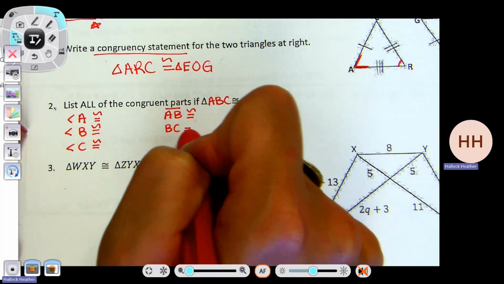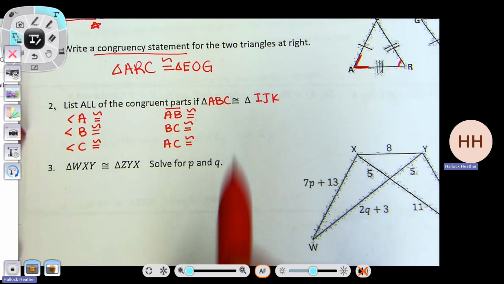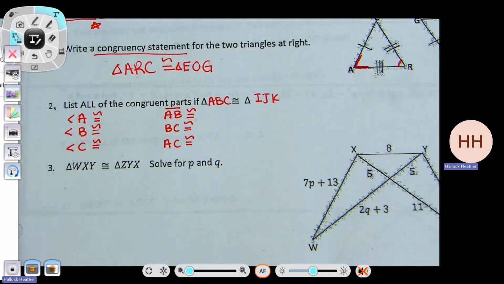So see if you can figure these out based on the location of the letter in the sentence. See if you can find the matching angles and the matching sides without a picture, because they're not ever going to, well, it doesn't say like 50-50, they give you a picture.